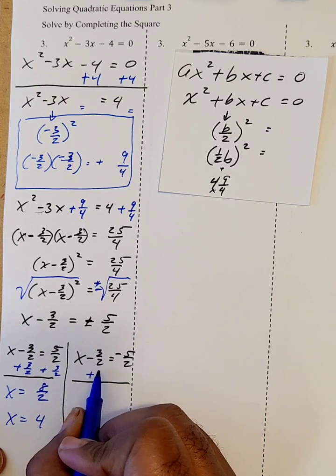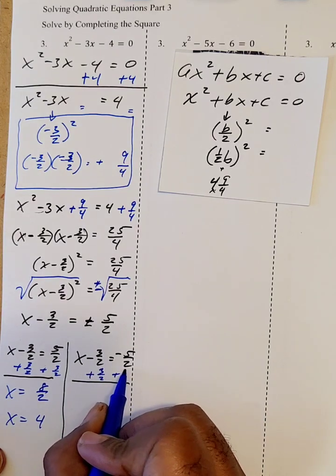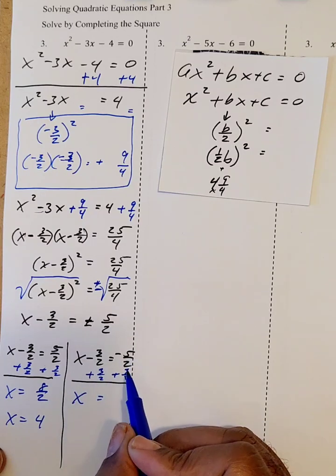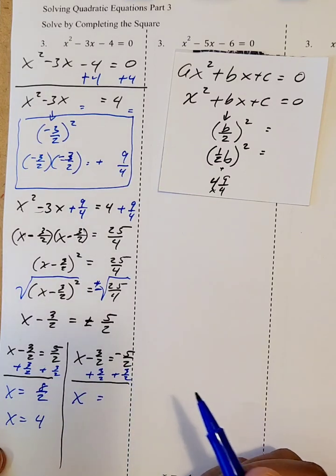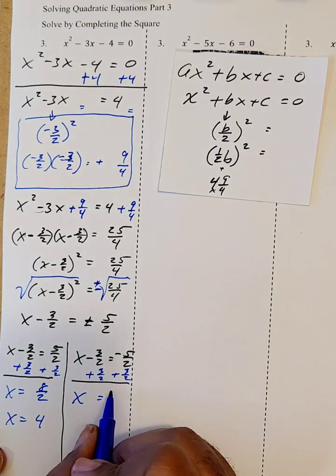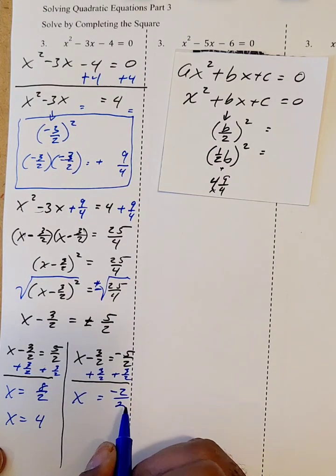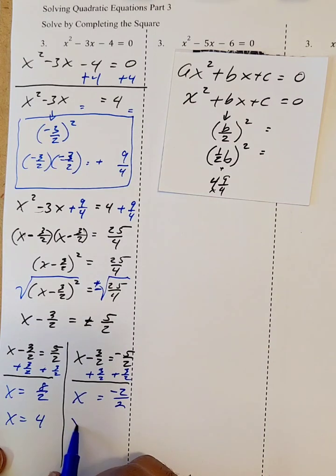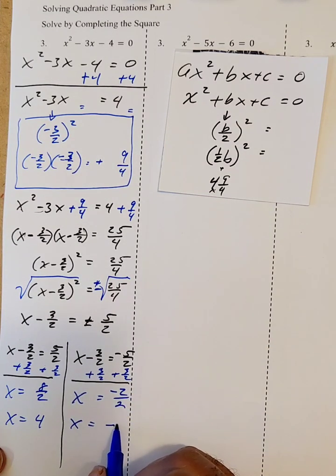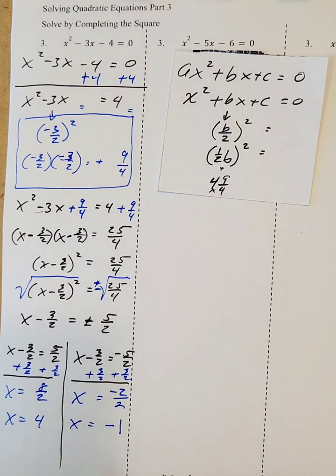Okay, here we're going to add 3 over 2 to both sides, and so we'll get x equals, so a negative 5 and a positive 3 will give me a negative 2 over 2. And this will be x equals negative 2 over 2 simplifies to a negative 1. And those are two solutions.